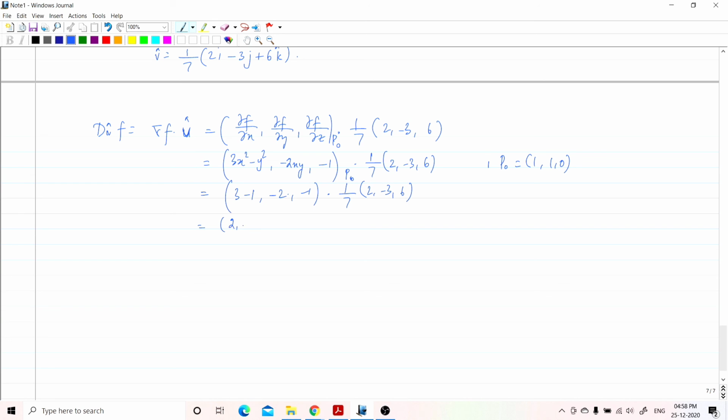So it is (2, minus 2, minus 1) with 1 upon 7 (2, minus 3, 6). This 1 upon 7 is a scalar, so we take it outside. 2 with 2 is 4. Minus 2 with minus 3 is plus 6. Minus 1 with 6 is minus 6. So it is 4 upon 7. This is your directional derivative.